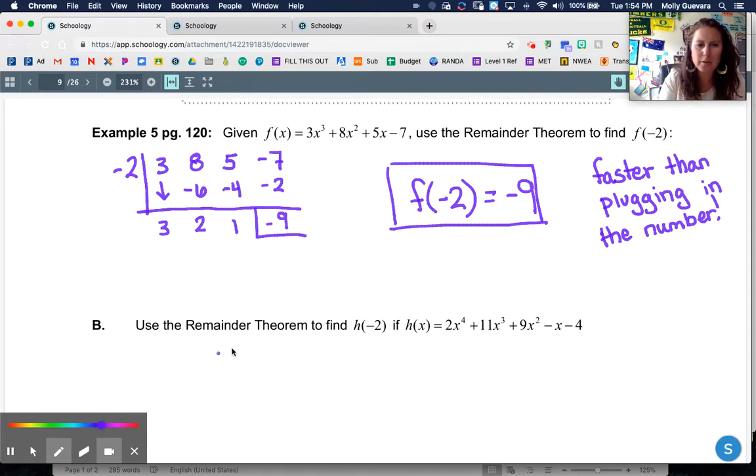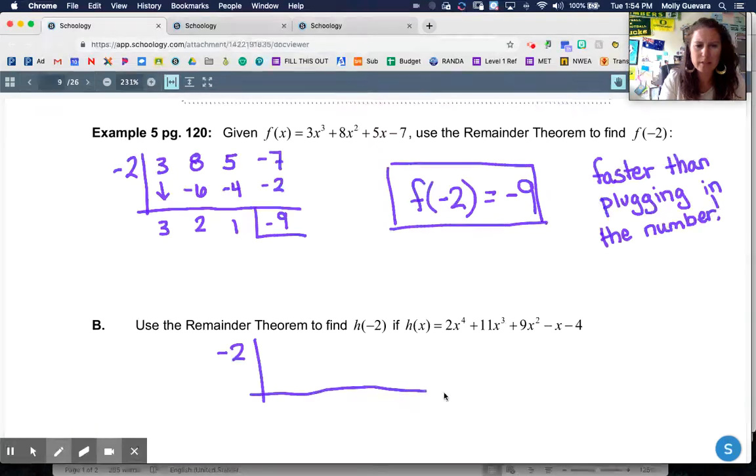Okay, so hopefully we set up -2 on the outside, right? My highest exponent is a 4, so that's 2. x to the third is 11. x squared is 9. x to the 1 is -1, and x to the 0 is -4. 2 comes down, and I multiply and add.